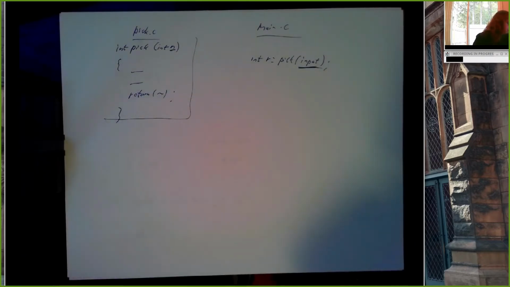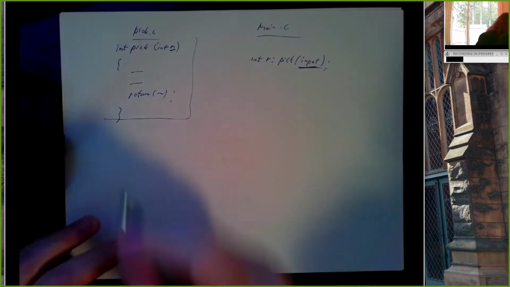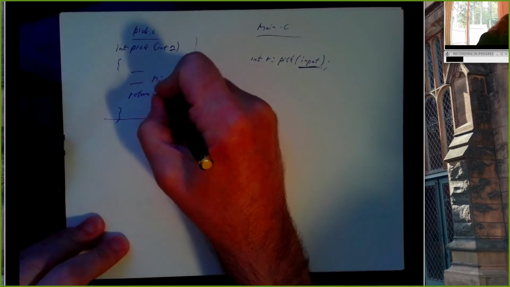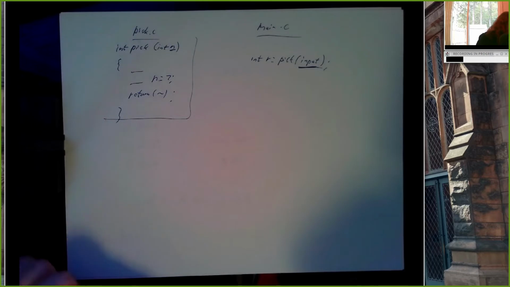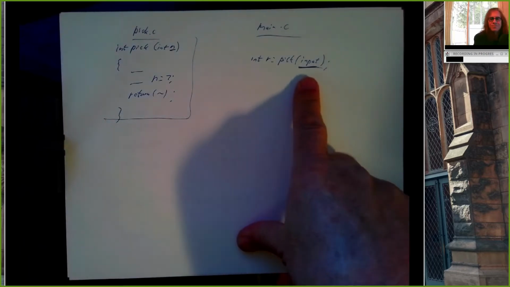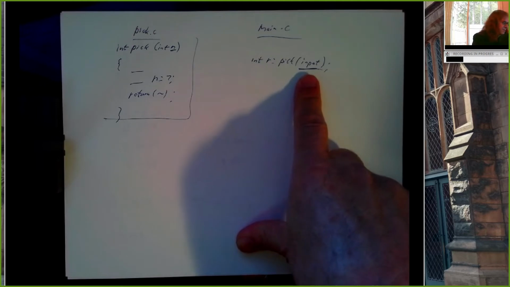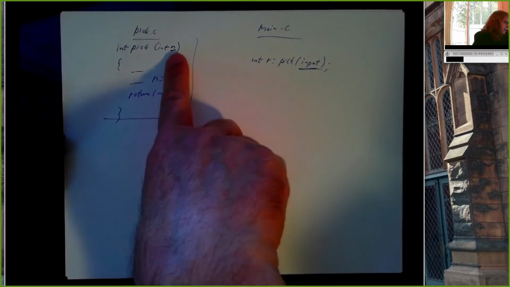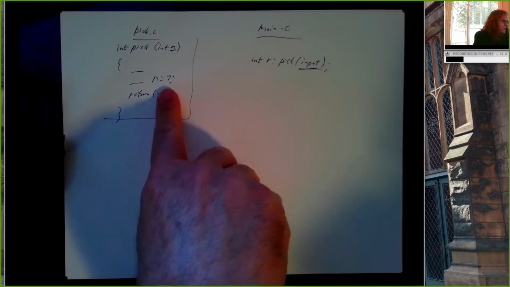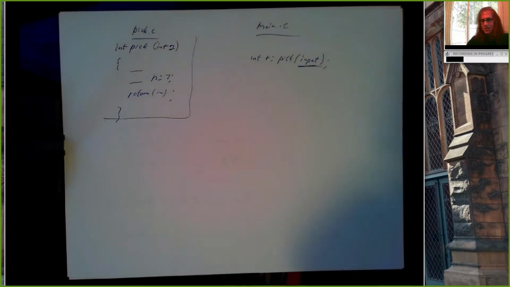And that's important. In particular, if somewhere in here I said n equals 7, that has no effect on input. That doesn't change the value of this variable in the main program, because all I passed was the value of input, I just passed a number. And n got set equal to that, and here I'm changing n to be 7, but that doesn't go back and change this.